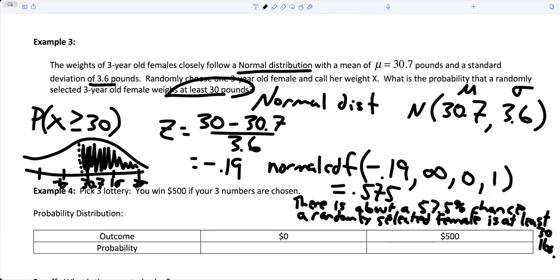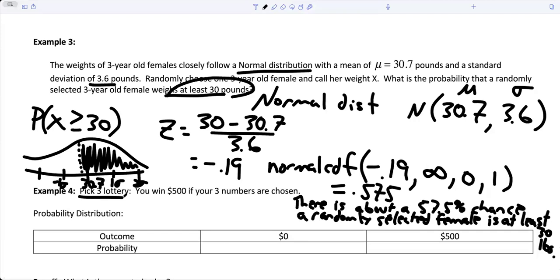So that leads us to the last example here. Ah, yes, back to the Pick 3 lottery. We've looked at this before, but let's look at it again. You win $500 if your 3 numbers are chosen. So I'm going to choose a random digit 3 times, and then there are 2 possible outcomes.